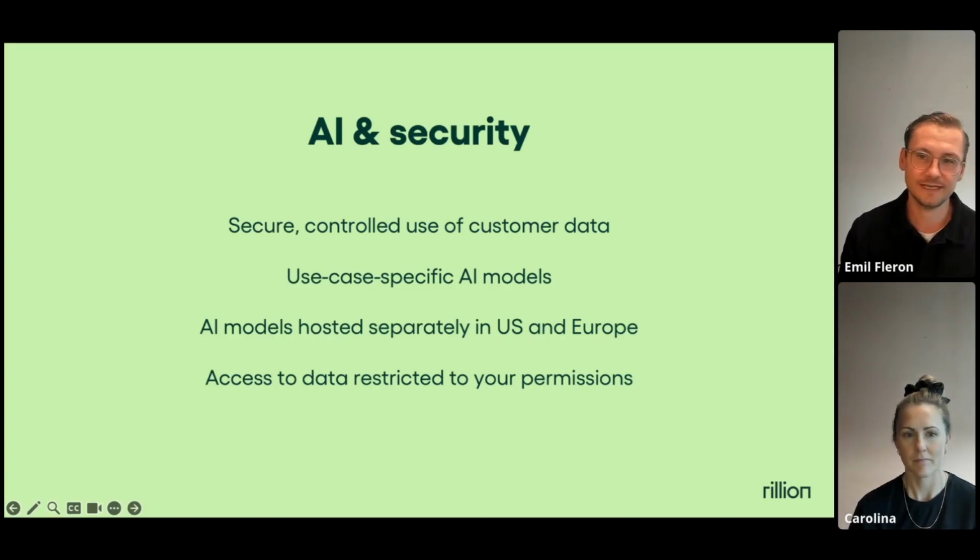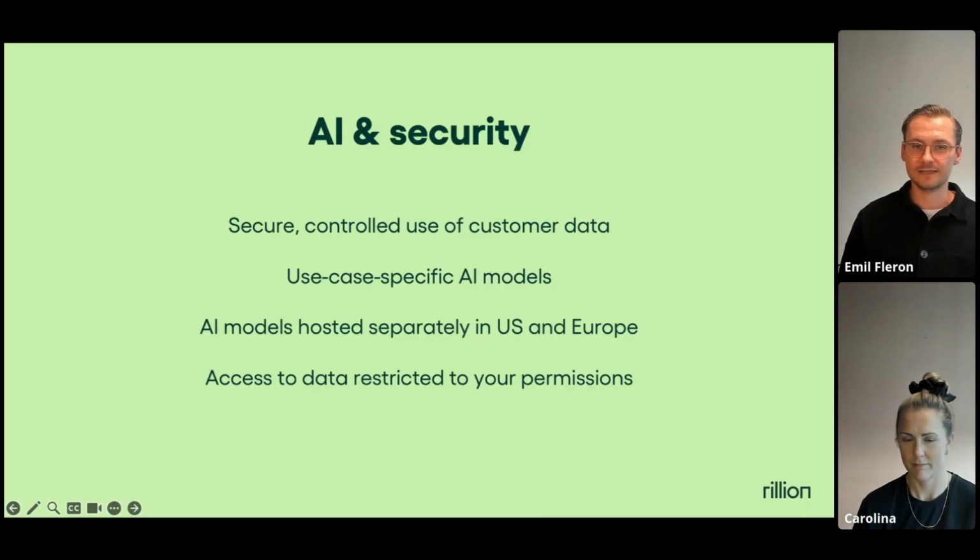We don't train anything on this data. We don't train the models based on it. So it's your data. It's just used in your zone. If you're in Europe, data will never leave Europe. The same for US. And you can also be sure that the data has never left Rillion either. So all data is secure with us.